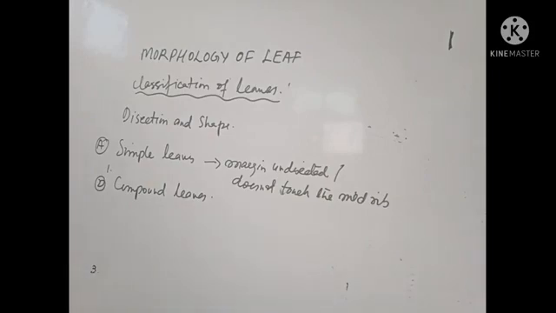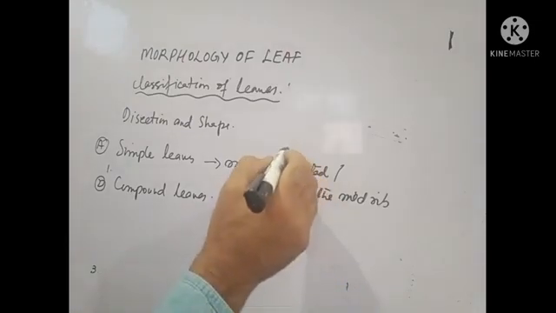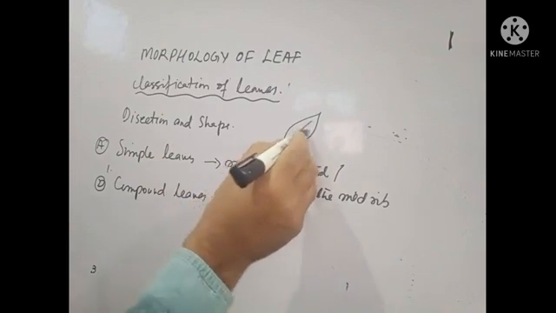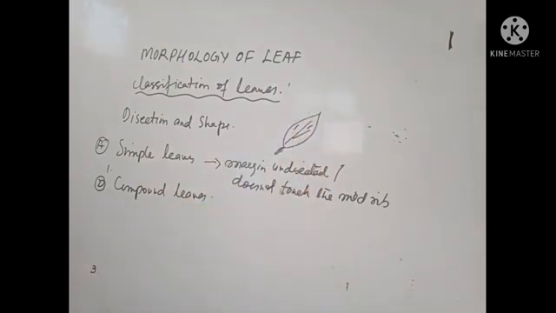Such type of leaves are called simple leaves. Simple leaves, we can draw their structure as such. And number second is compound leaves.